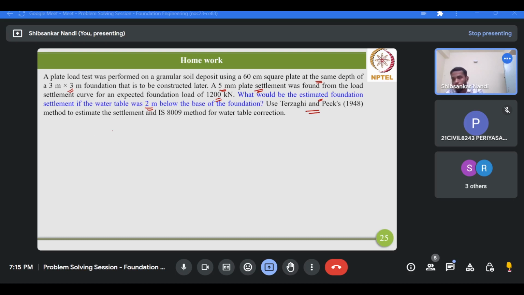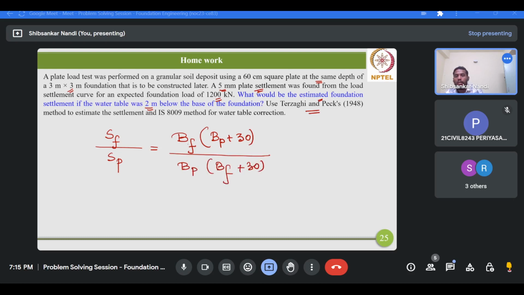If SA is the settlement of the footing, and SP is the settlement of the plate, then SA = SP times ((2B + 0.3) / (B + 0.3))... in the form presented: VA times VP plus 30 divided by VP plus 30. Again, please keep in mind that this expression is only valid for granular soil.